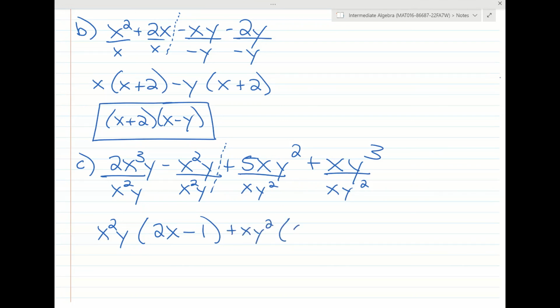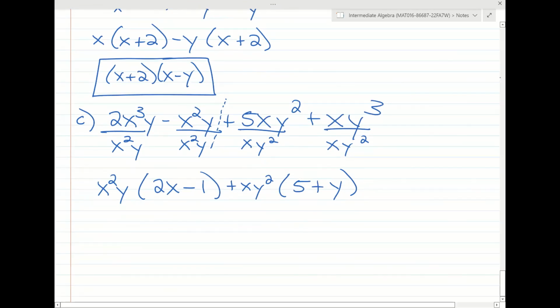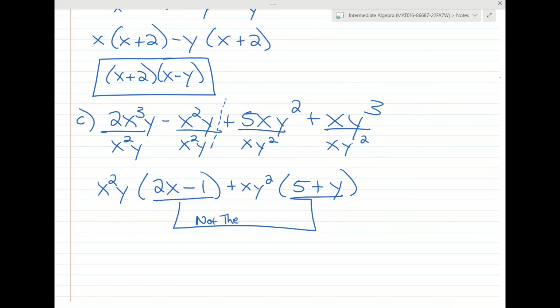And we're just left with 5 plus y. But these aren't the same. So it's not factorable. So let's just say can't factor. We'll just leave it like that.